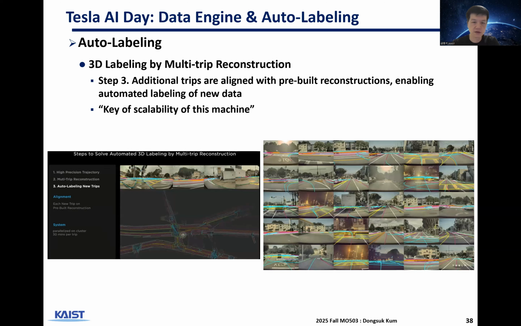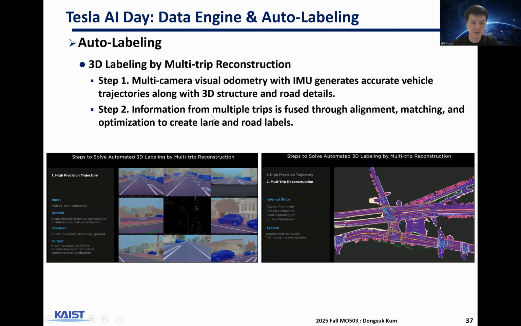And then they go through this second step, which is multi-trip reconstruction. They actually had multiple types of auto labeling technologies for their system, and you will be able to find how they evolved over time if you watch the video.